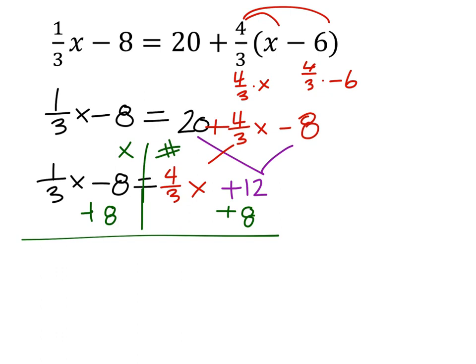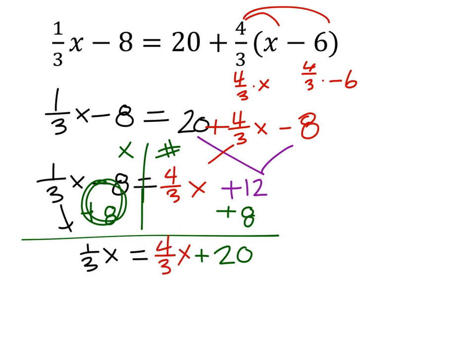And 12 plus 8 is 20. It's positive, and then that 8 right there canceled away. But I've got that 4/3 x on the right side of the equal sign, which we don't want, because it's on the wrong side of the equal sign. So I'm going to have to subtract it from both sides to zero it out.